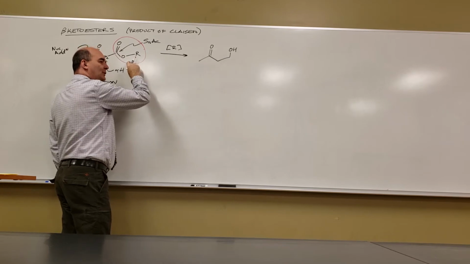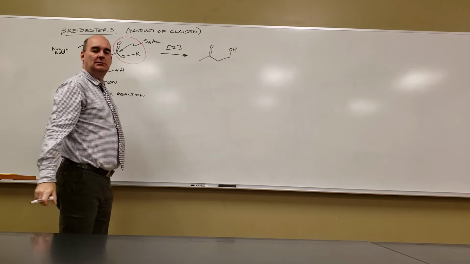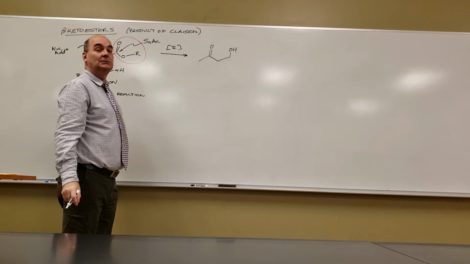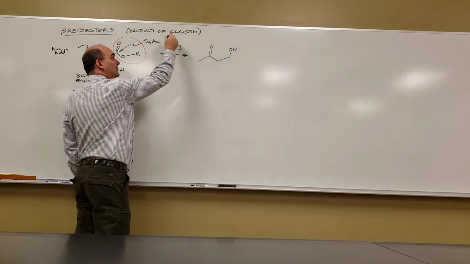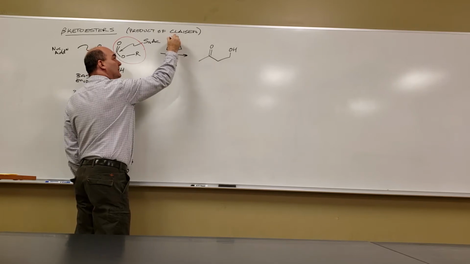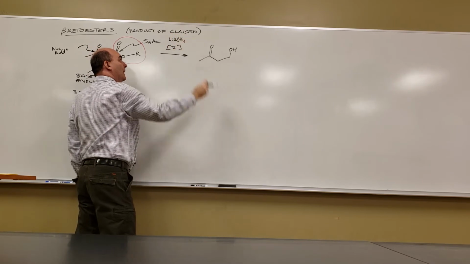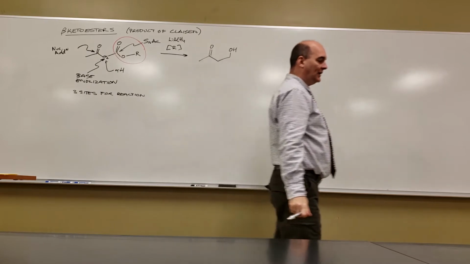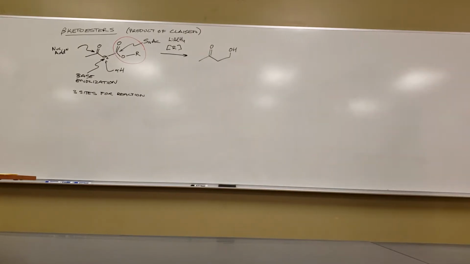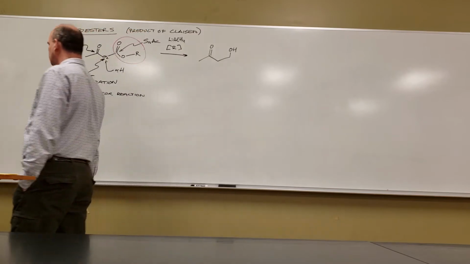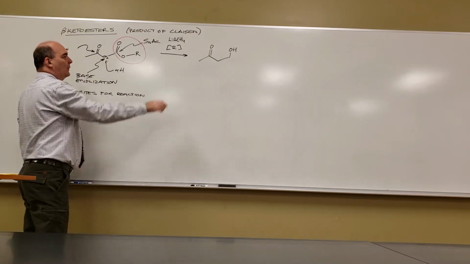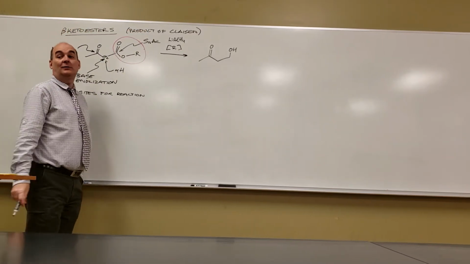What do I use to reduce esters? Tin hydrochloric acid. It's one of the homogeneous ones. My two reducing agents of choice are lithium aluminum hydride and sodium borohydride. Sodium borohydride will not reduce esters, but lithium aluminum hydride will. Okay, that's what I want. However, that's not what I get.